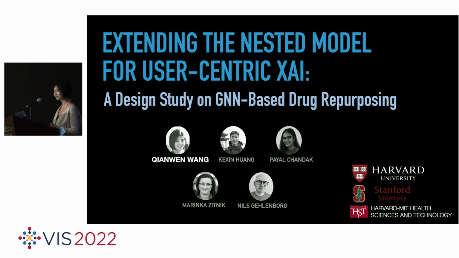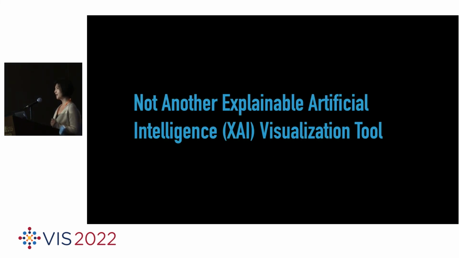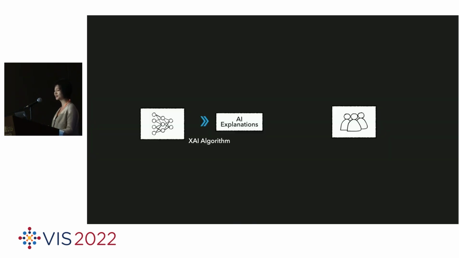I first want to make a claim that this is not another XAI visualization tool. Such a big claim, why? Let's first take a look at the existing AI visualization tools.